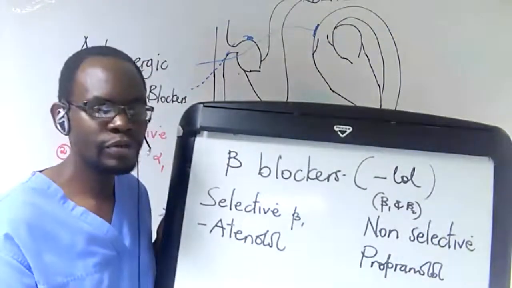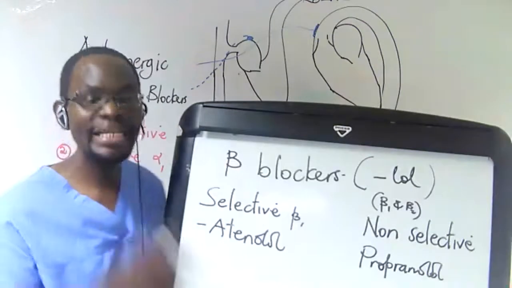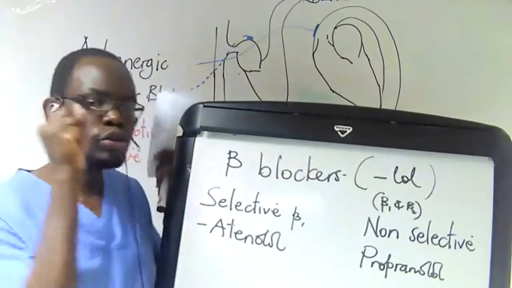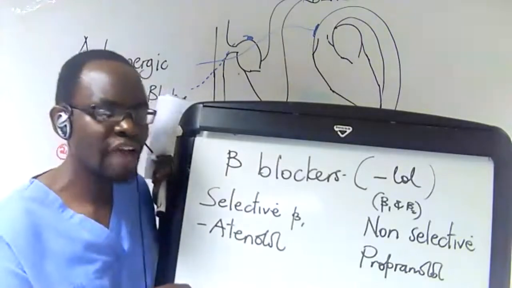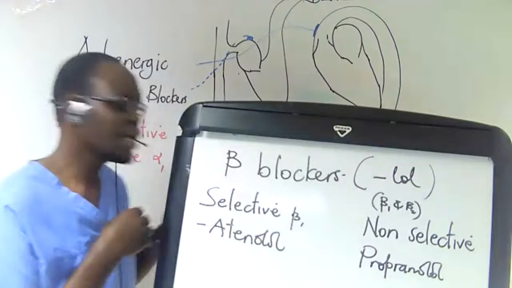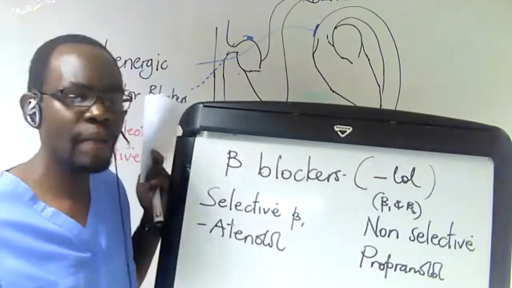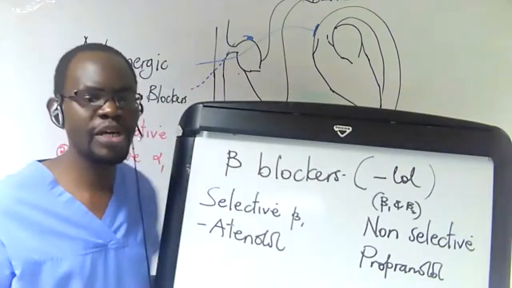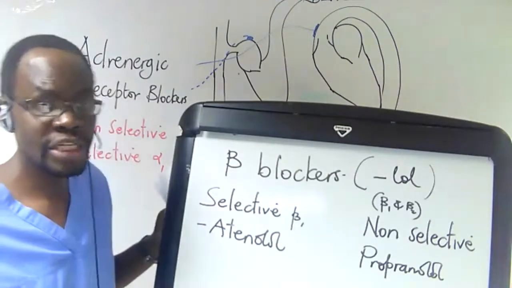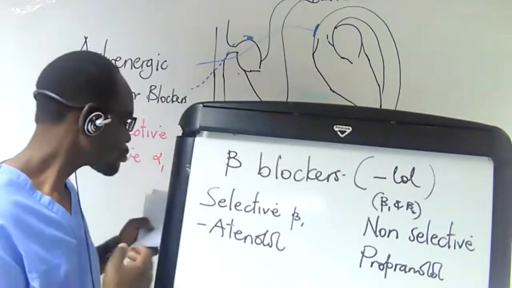Once it blocks the beta 2, we shall have bronchoconstriction. Therefore, it's not advisable in people who have asthma or any respiratory condition like COPD. All right.